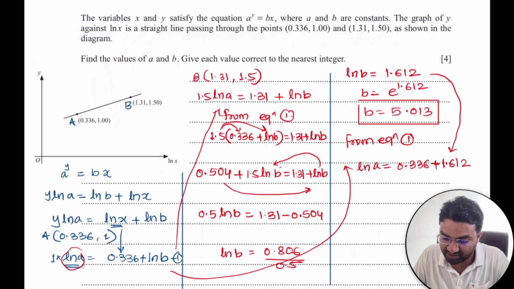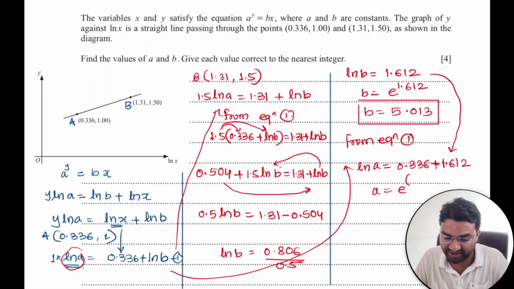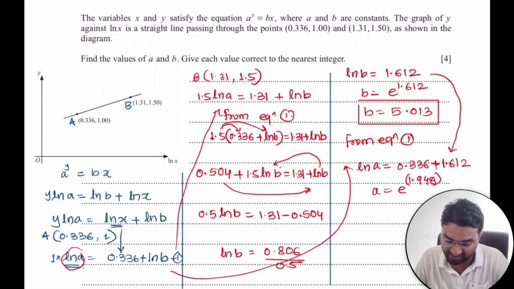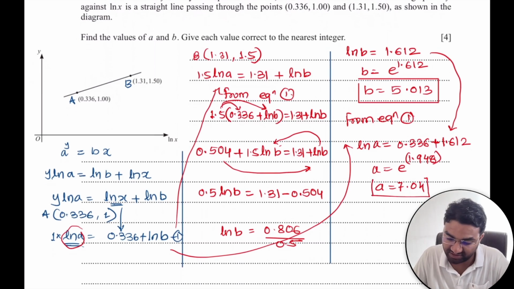If you add both of them and take the exponential, a is equal to e to the power of, you can do this straight away in the calculator as well, 1.612 + 0.336 = 1.948, and e to the power of 1.948 gives a = 7.04. This is the answer we will get for a.